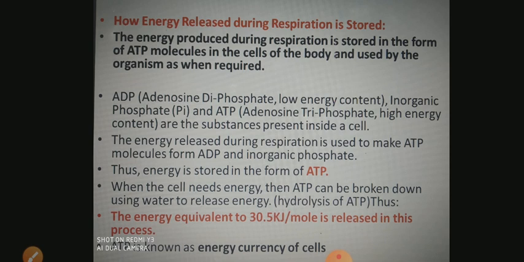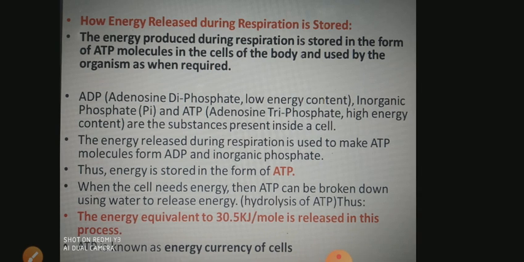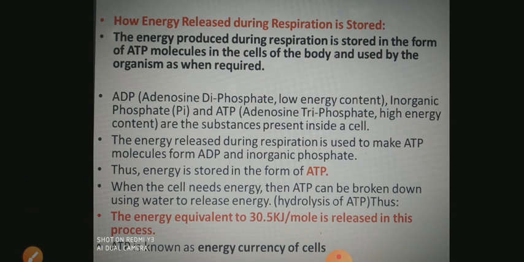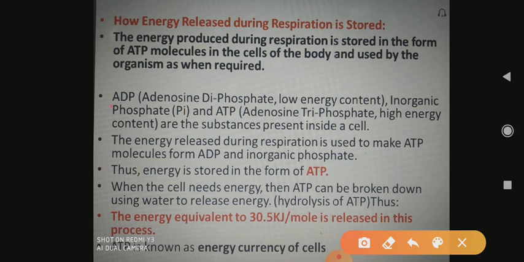Now see, ADP is adenosine diphosphate. D is for di, and here it is T, for tri. ATP is triphosphate, and ADP is diphosphate. Adenosine diphosphate has low energy content.